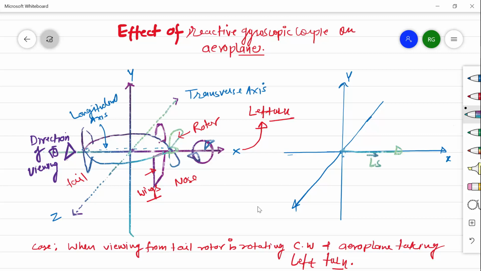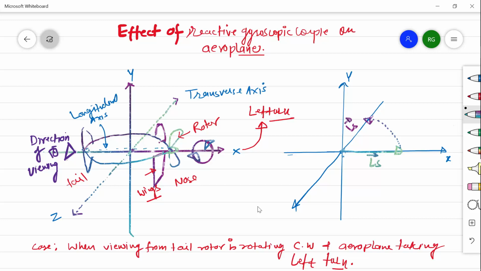LS. So when aeroplane will take the left turn, this will follow this path, and when aeroplane has taken a 90-degree turn, then this would be the final position of LS. So we know that the LS or angular momentum vector chases the applied or active gyroscopic couple.